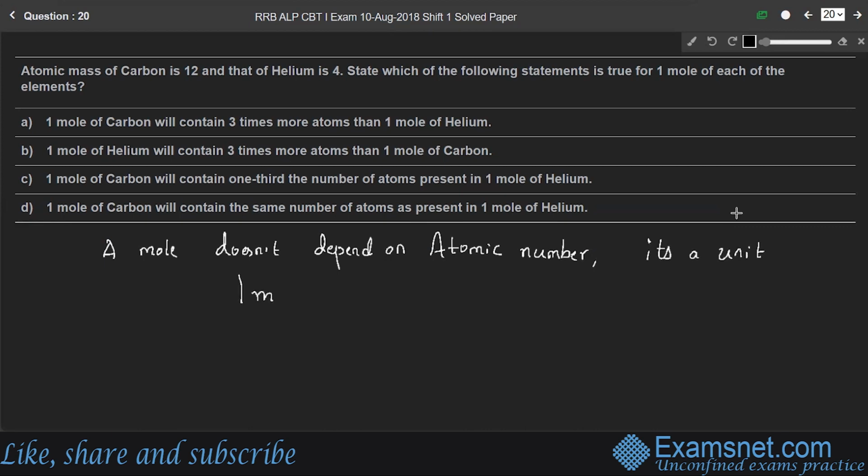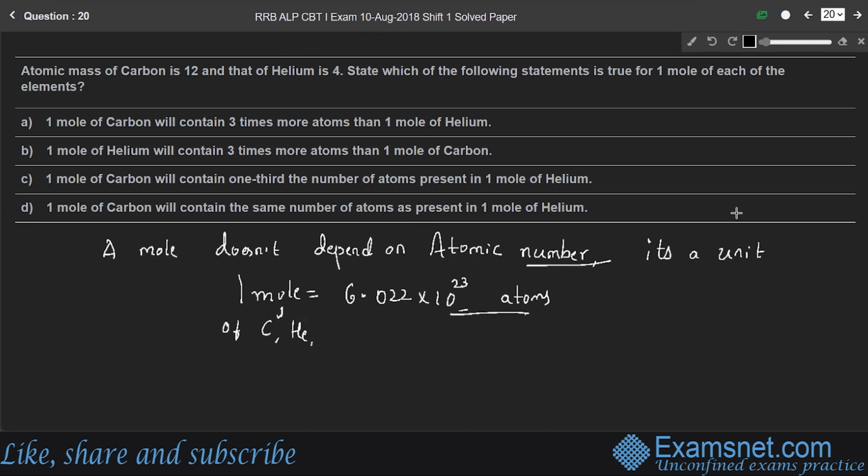1 mole is equal to 6.022 into 10 to the power of 23. So 1 mole of an atom is 6.022 into 10 to the power of 23 atoms. It may be carbon, helium, any element. It doesn't depend on atomic number; it's just a number of atoms.